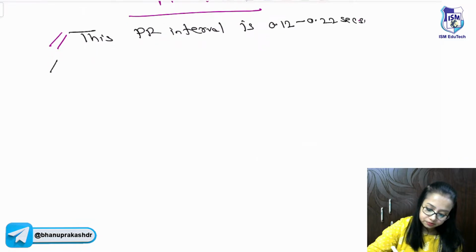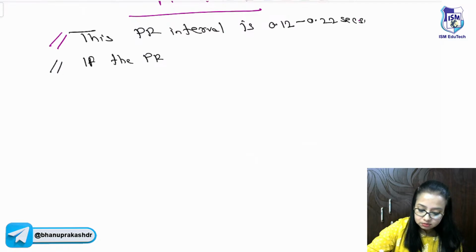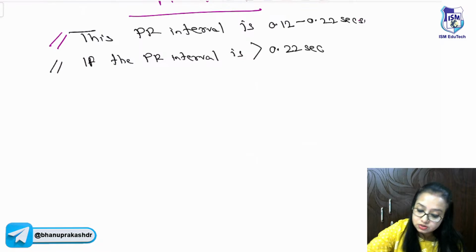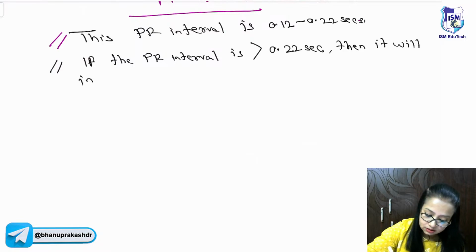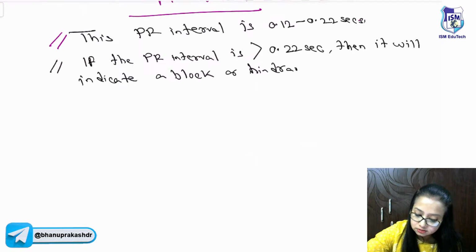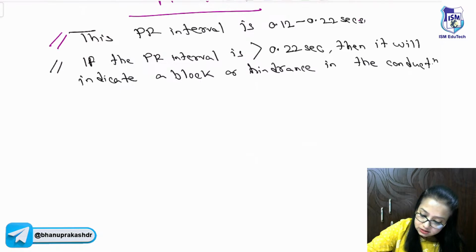So here, if the PR interval is greater than 0.22 second, or 0.20 second, then it will indicate a block or hindrance in the conduction of impulse.